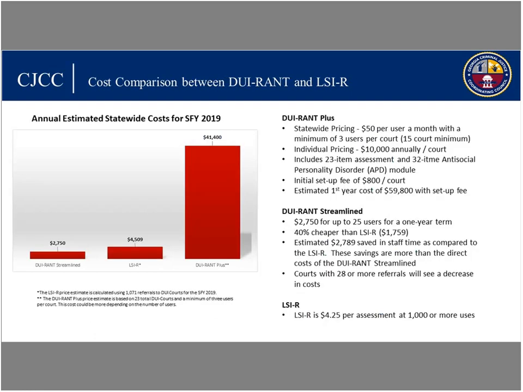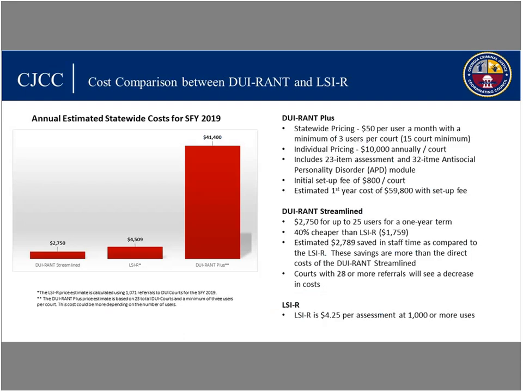To get at efficiency, we had to look at costs. And I'm not going to go deep into the cost analysis, but we did find that the cost of the DUI RANT was significantly cheaper than the LSIR. What was interesting here is that we took into consideration staff time through a time and motion study where we applied the average hourly salary of a coordinator to capture the efficiency savings. So if you take into consideration just the difference in cost between the two tools, there's an estimated savings of about $1,700.